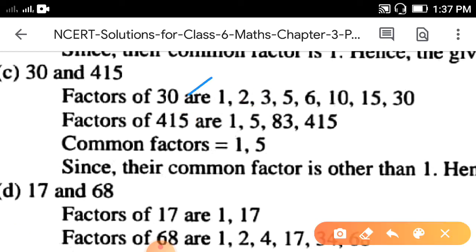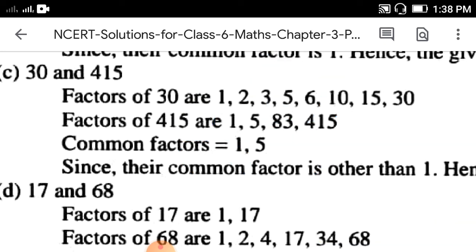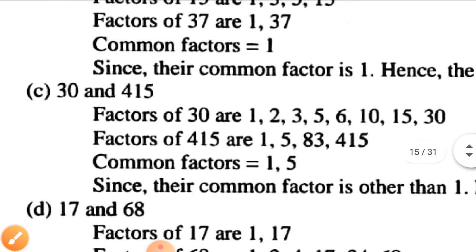You have to start dividing the given number with 2. First you divide the given number by 2. But here it is obvious that the unit place is odd, so this number is not divisible by 2. Then you can divide it with 3.